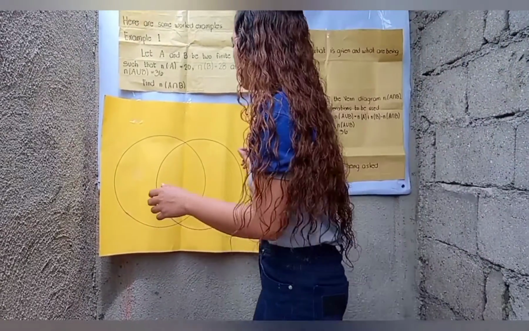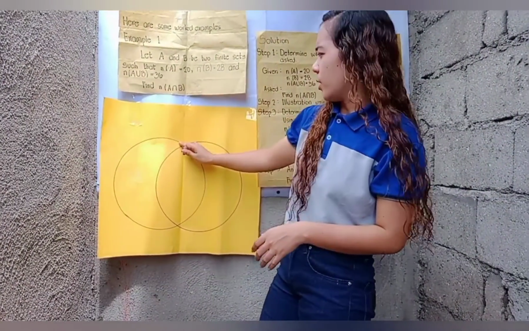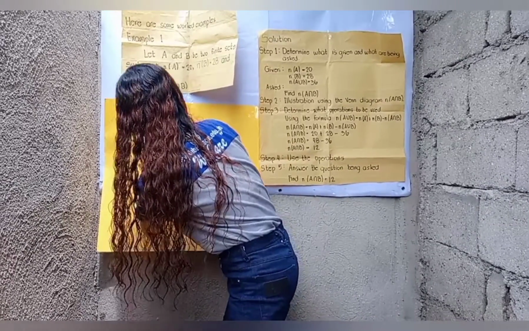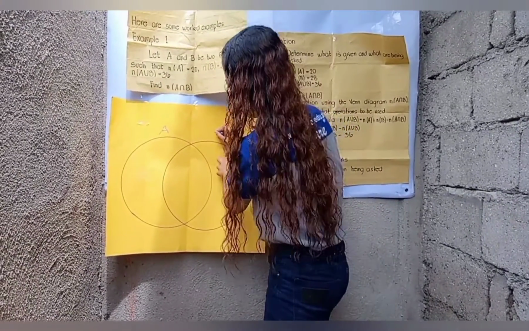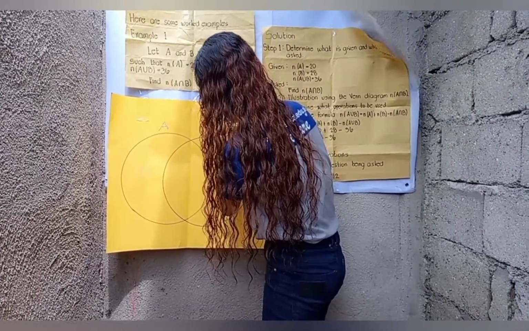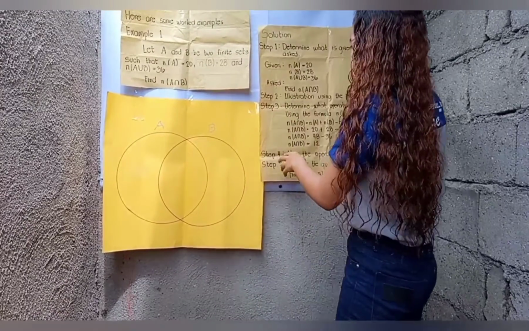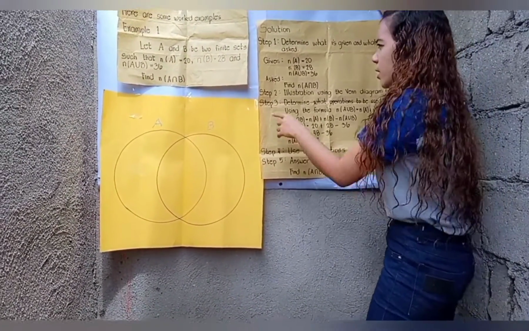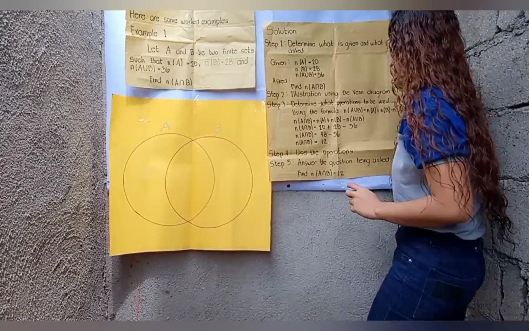So, we're going to make this circle 1 into A. This circle is equal to B. Okay. So, what we're going to determine is the intersection A and B.